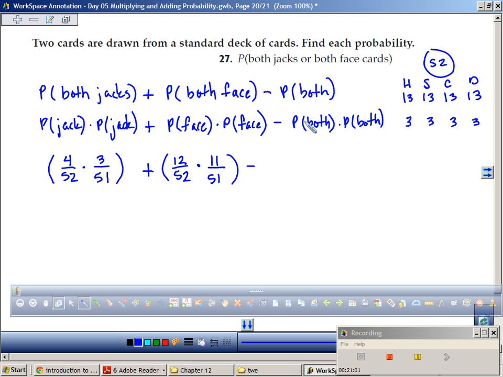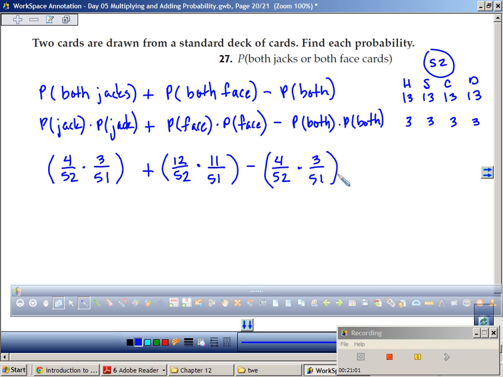So how many cards are both a jack and a face? Well, every jack is a face. So in each suit, you've got a card that's both a jack and a face. So that would be 4 cards out of 52 times 3 out of 51.